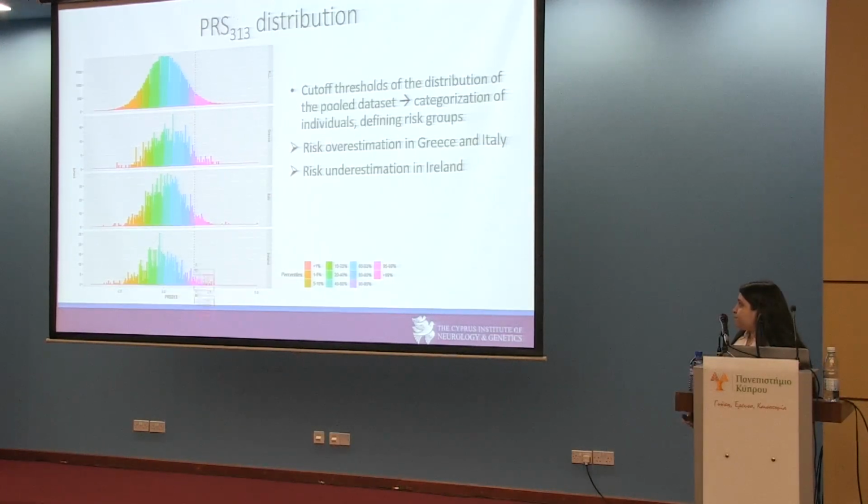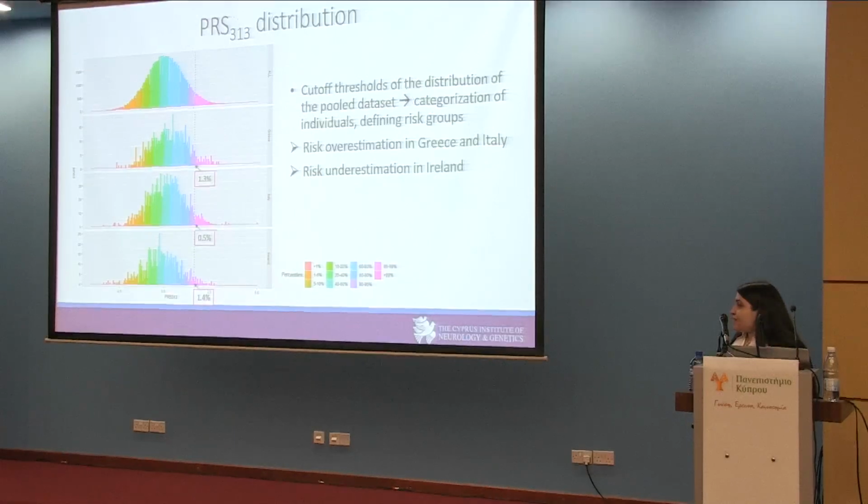And so if we used the cutoff thresholds of the pooled dataset to define the risk categories in Greece, Italy, and Ireland, what we observed was that about 1.3% additional women from Greece will be incorrectly classified in the high risk category instead of the moderate risk category. Similarly, about 0.5% additional women from Italy will be incorrectly classified in the high risk category instead of the moderate risk category.